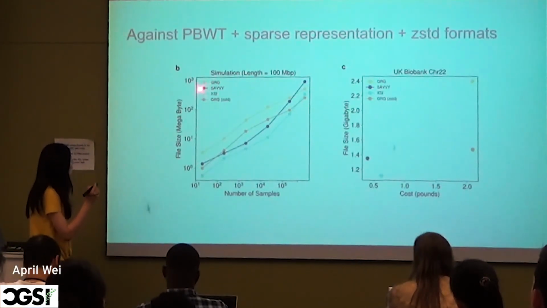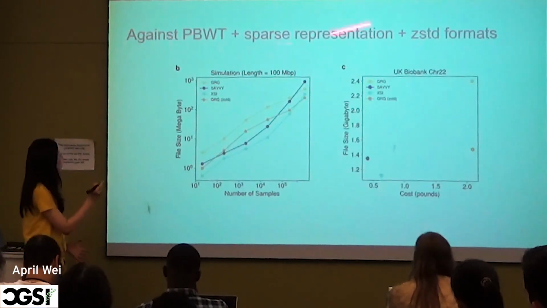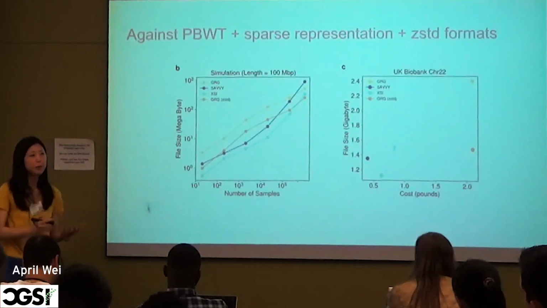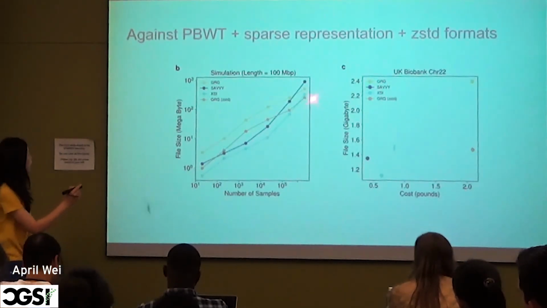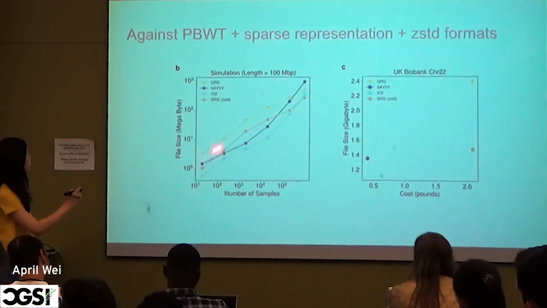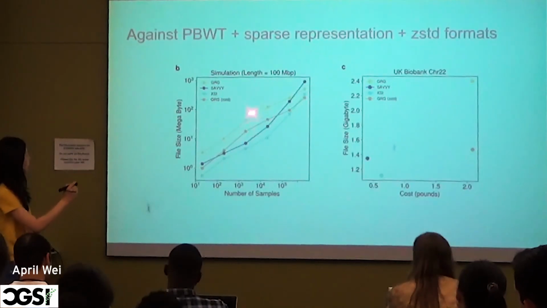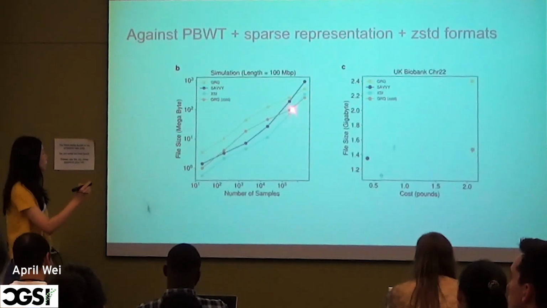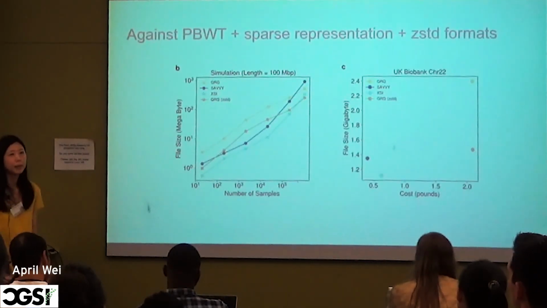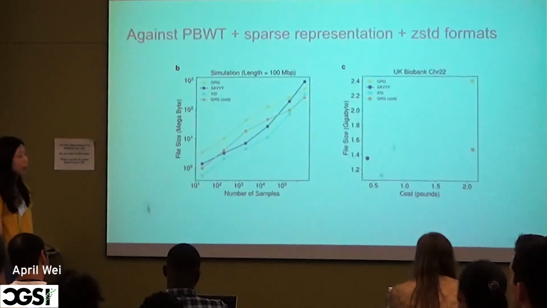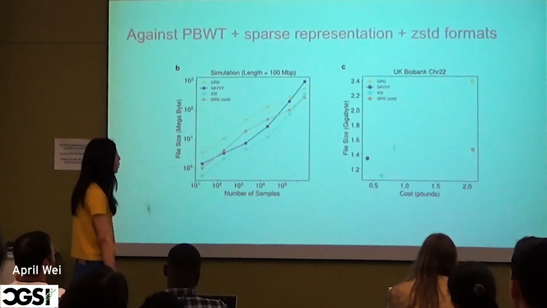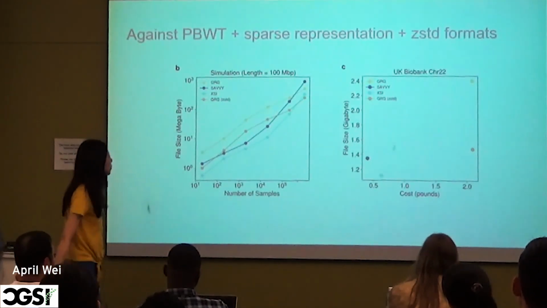And comparing with these highly optimized techniques, which do not represent genetic variation in the same way and are further compressed, this yellow line is our uncompressed GRG. That is only a little bit larger than this compressed format. And if we also apply Zstandard compression, we can reduce our GRG to the same size as this PBWT and sparse representation-based approach. And this is a simple test with the UK Biobank chromosome 22.